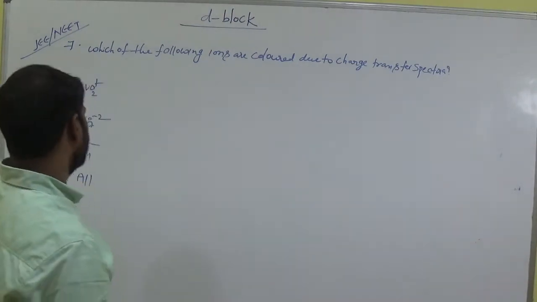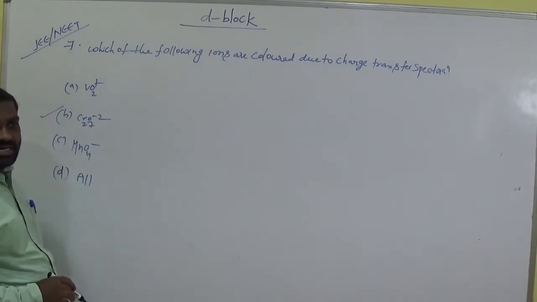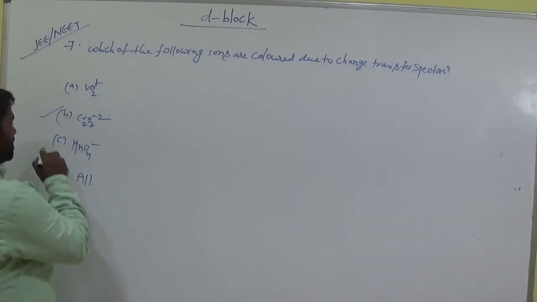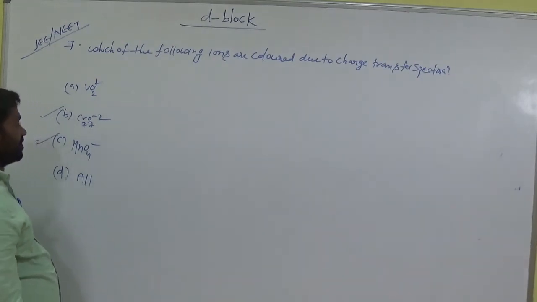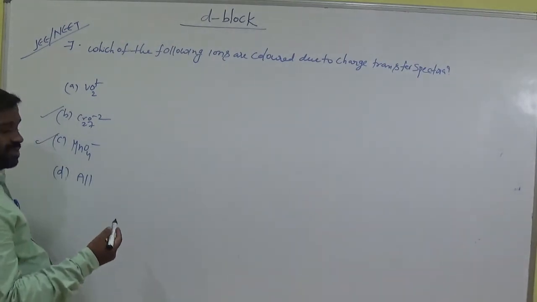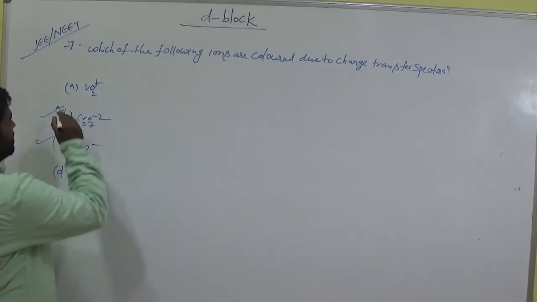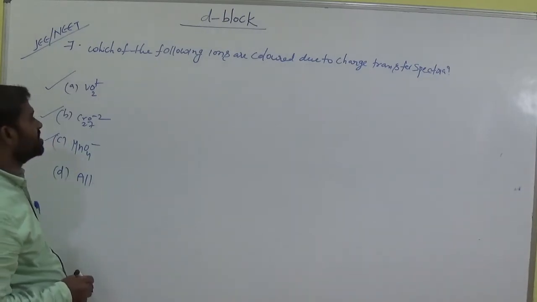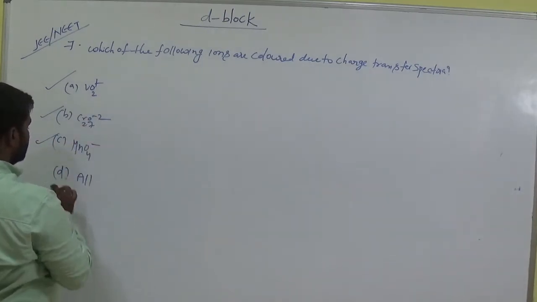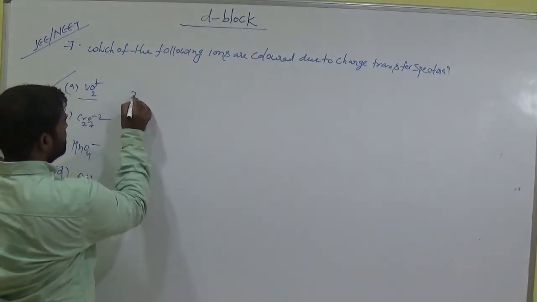Already we discussed that Cr2O7 minus 2 is orange-red in color due to charge transfer. MnO4 minus is clearly purple, and it also shows color due to charge transfer. VO2 plus also exhibits color due to charge transfer. So the answer is all. In VO2 plus, what is the oxidation state of vanadium?